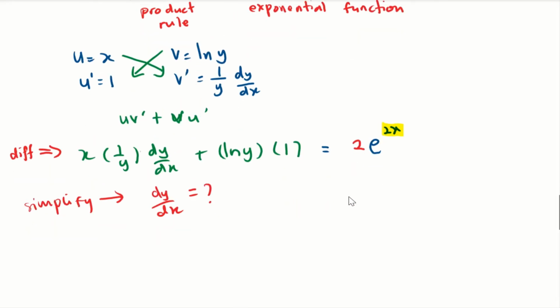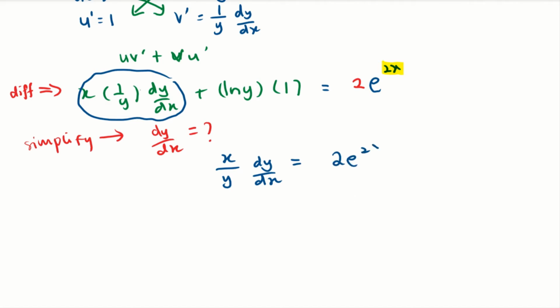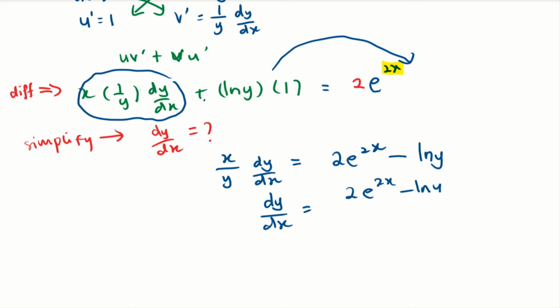So then yang ada dy dx adalah yang ini saja. So jadi yang ni kita kekalkan di sebelah kiri. So jadi we get x over y dy dx equals to 2e to x. Sini tambah, so kalau pindah sana jadi tolak. So then minus ln y. And then to get dy dx, we divide 2e to x minus ln y divided by x over y.